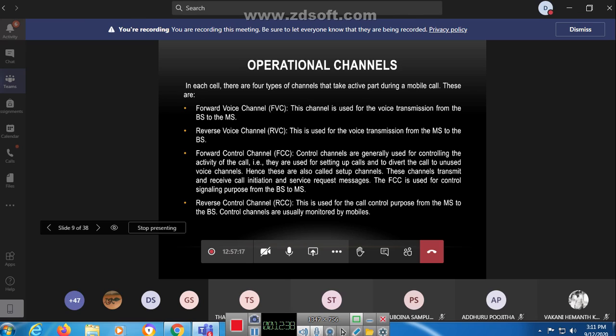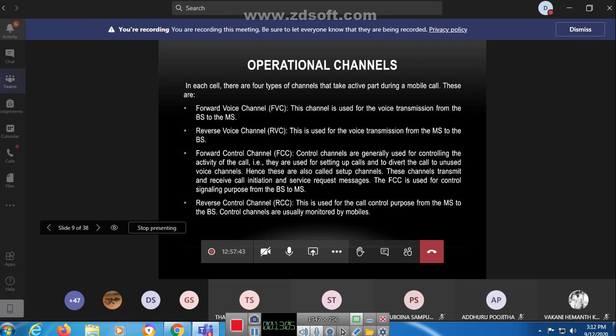Likewise. Next, forward control channel. The forward control channel means generally we can control the activation of the call only. That activation of the call is from the base station to the mobile station only. Okay, don't confuse here.